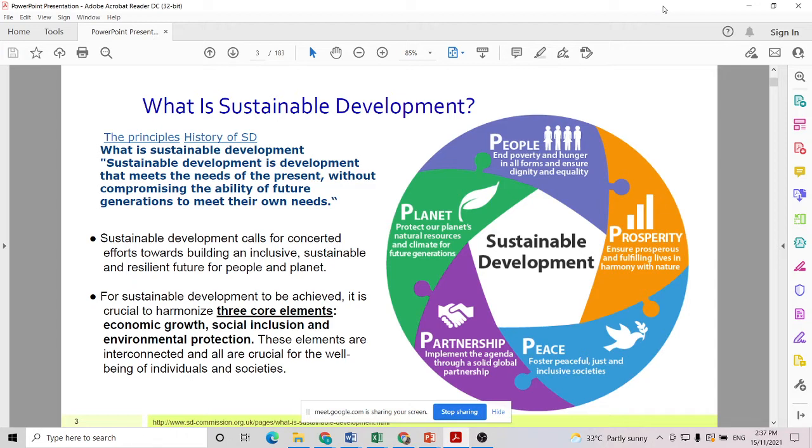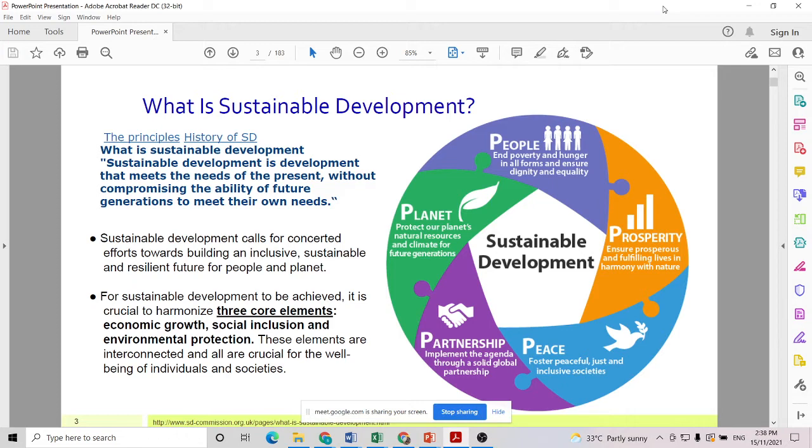Sustainable development calls for concerted effort towards building an inclusive, not exclusive, future. Inclusive means each individual will contribute to a sustainable and resilient future for people and the planet.